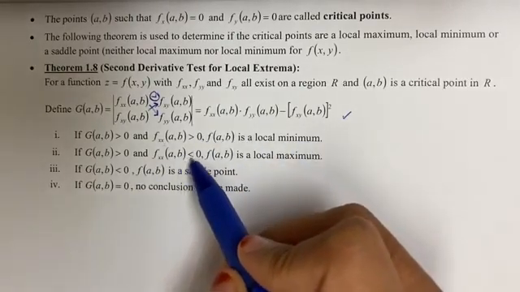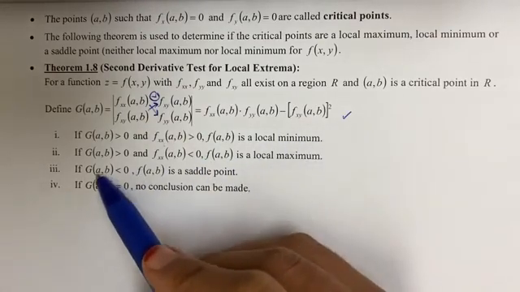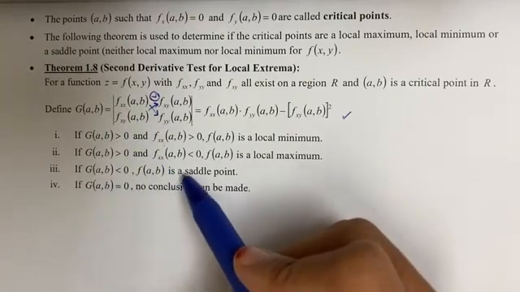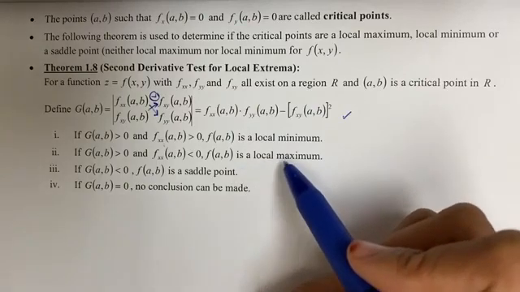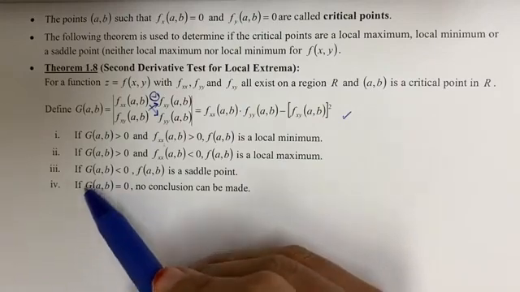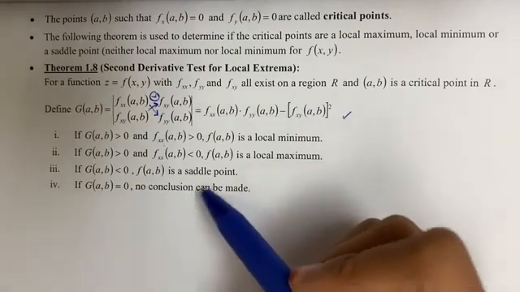But if it is less than 0, it is a local maximum. The third conclusion is if G(a,b) is less than 0, it is a saddle point, neither local minimum nor local maximum. And the last conclusion is if G(a,b) equals 0, there is no conclusion.